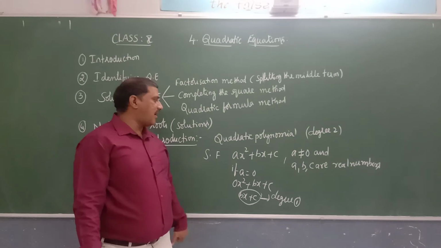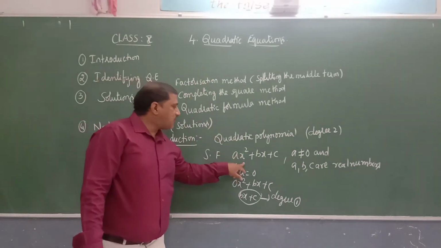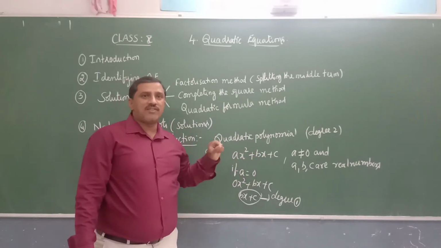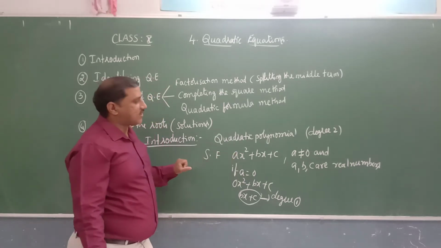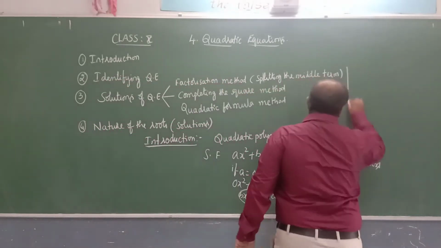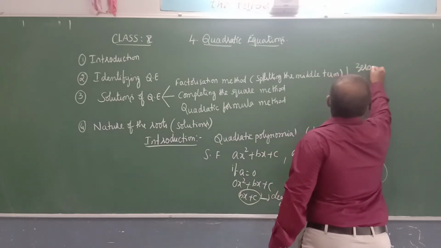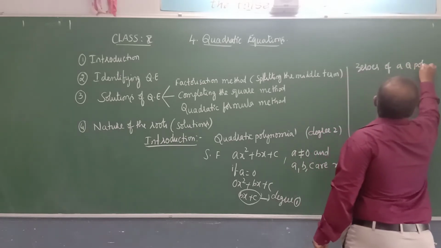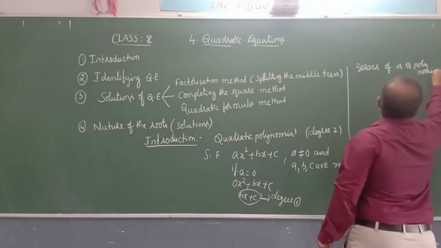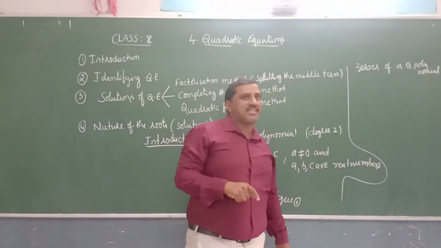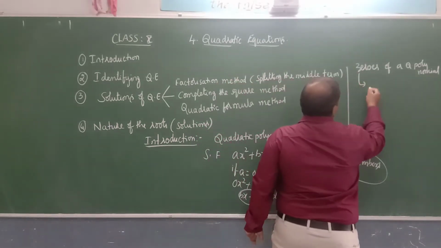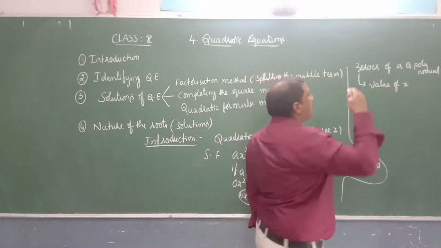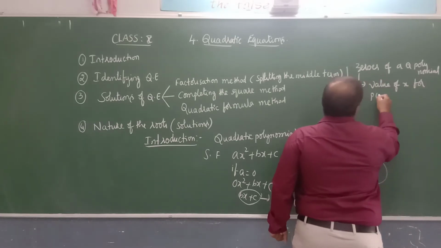So this is the quadratic polynomial we studied. For what values of x the value of the polynomial is 0, that value of x is known as the zero of the polynomial. How do we find zeros? The zero of a quadratic polynomial is nothing but the value of the variable x for which p of x is equal to 0.